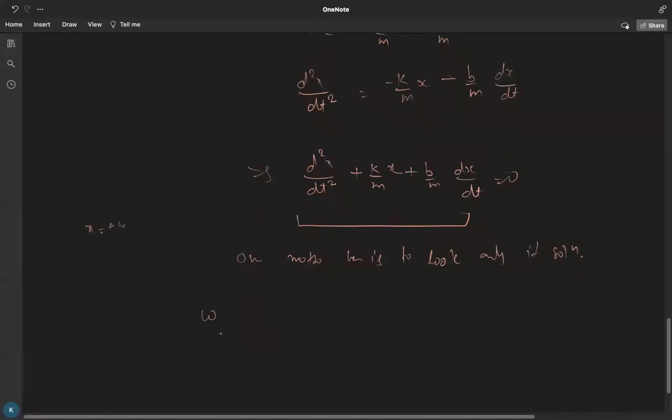So what we get here is omega dash, which is equal to the square root of k by m minus b by 2m whole square. This is omega after damping. Look, why does our omega change?